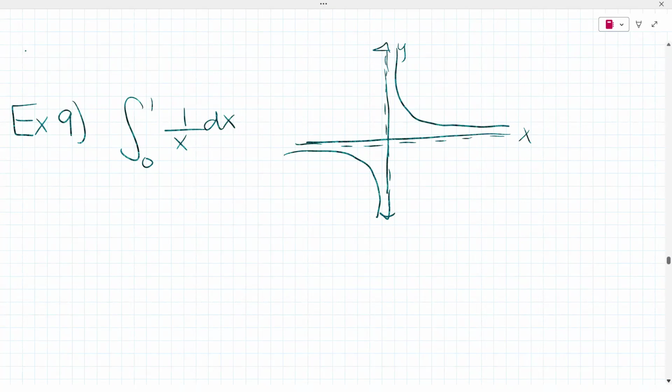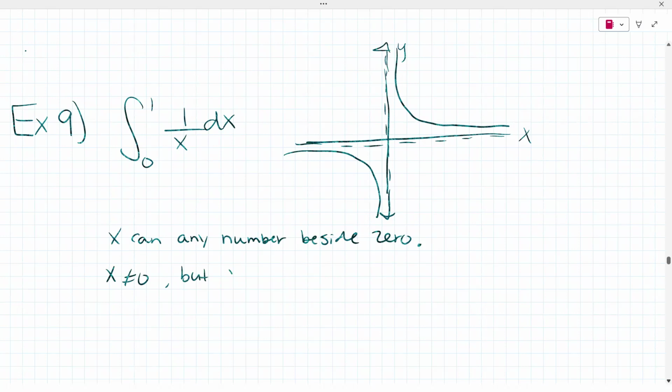So you know that x can be any real number besides 0. So x cannot equal 0, but you can approach 0. And we are going to approach 0 on the right side.